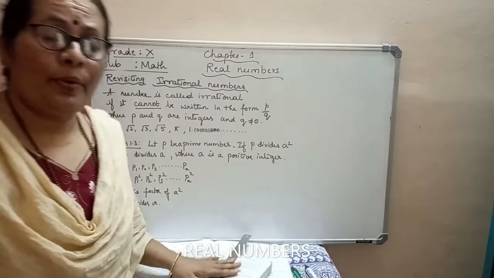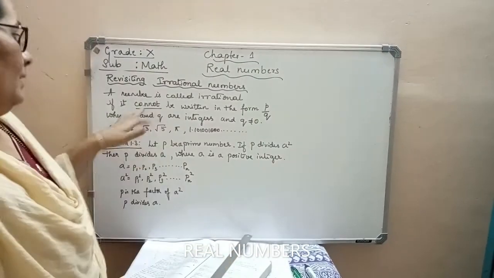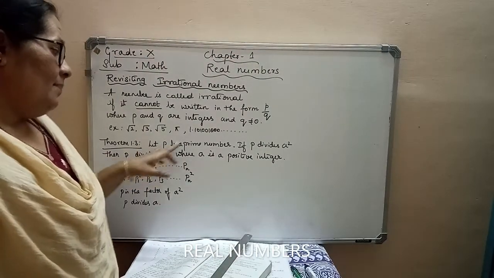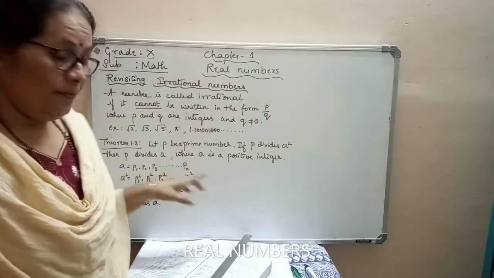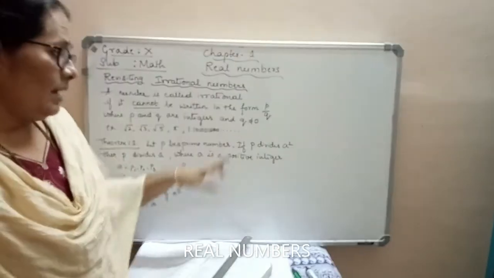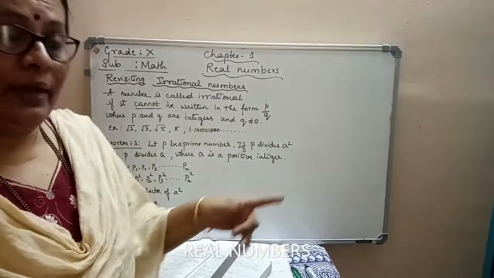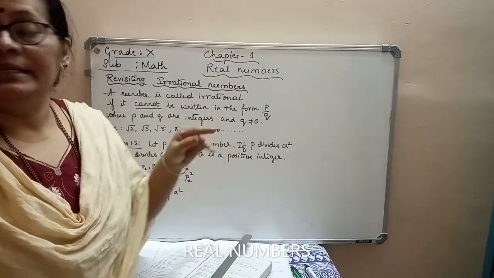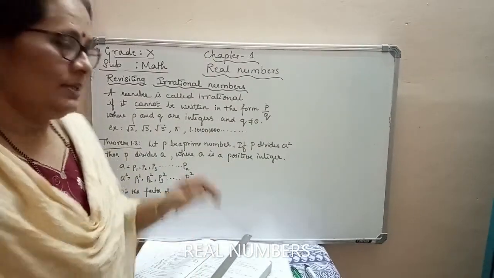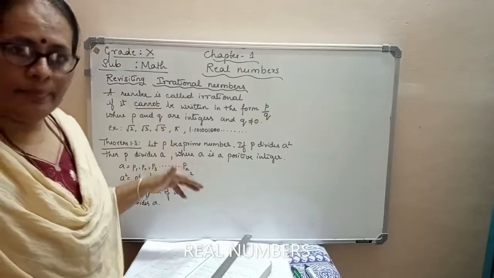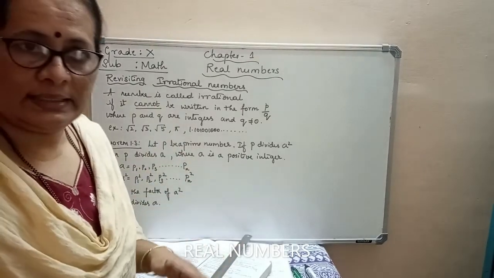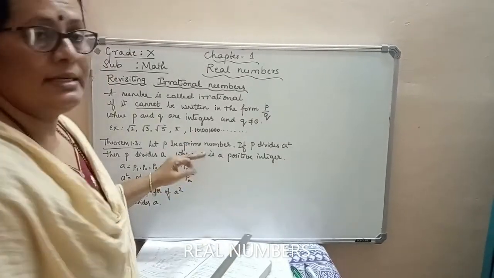Now, theorem 1.3. Theorem 1.3 states that if P is a prime number, and P divides A square, then P divides A also. Here the proof is not required. Proof will not be asked in the board exam. Only the statement is important.